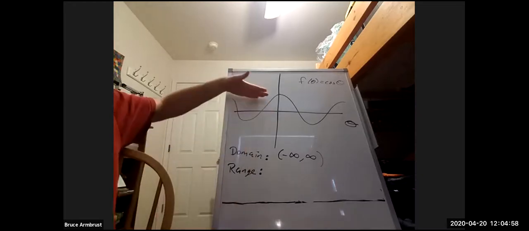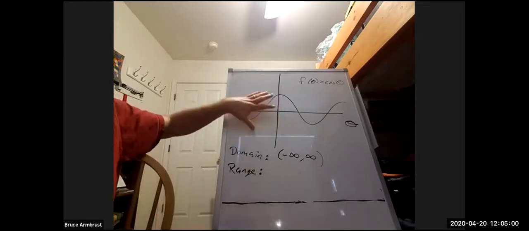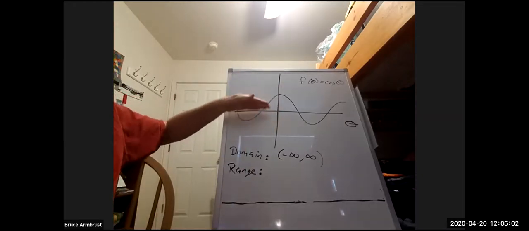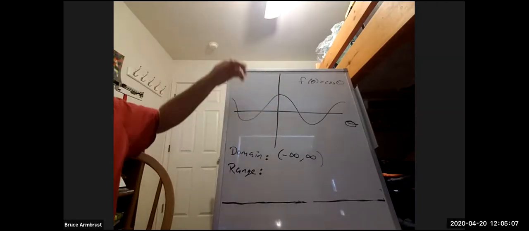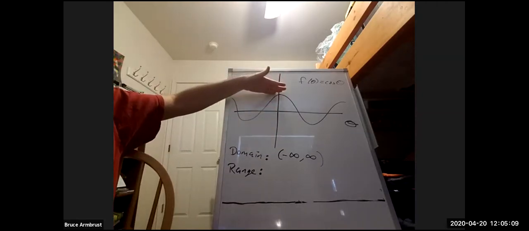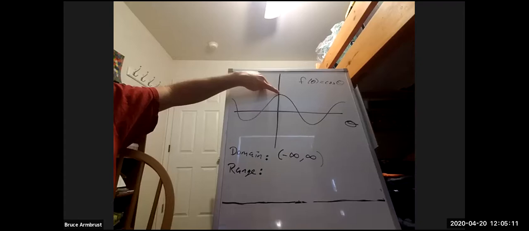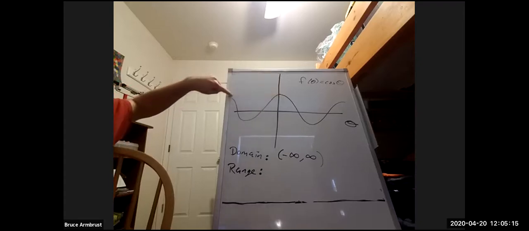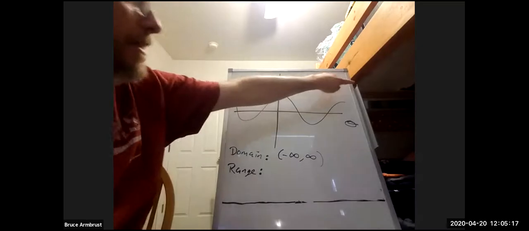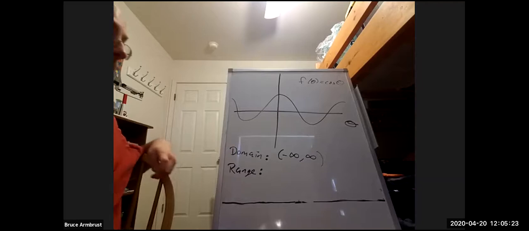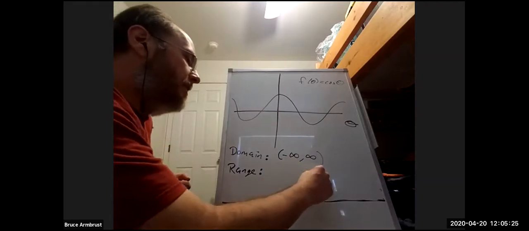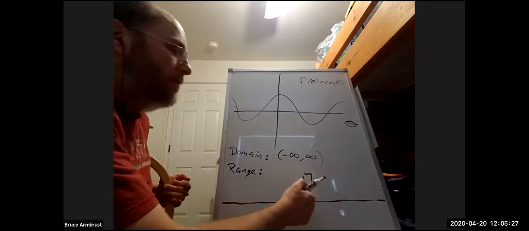And we actually see that on the graph as well. On a graph, remember, range is the extension up and down, and there is a topmost point on this graph. We don't get any higher than this peak. Yes, that peak repeats, right? There are going to be lots of places where we get that peak value, but the largest value we're going to see is 1. And since we actually get 1, we want to use the bracket.